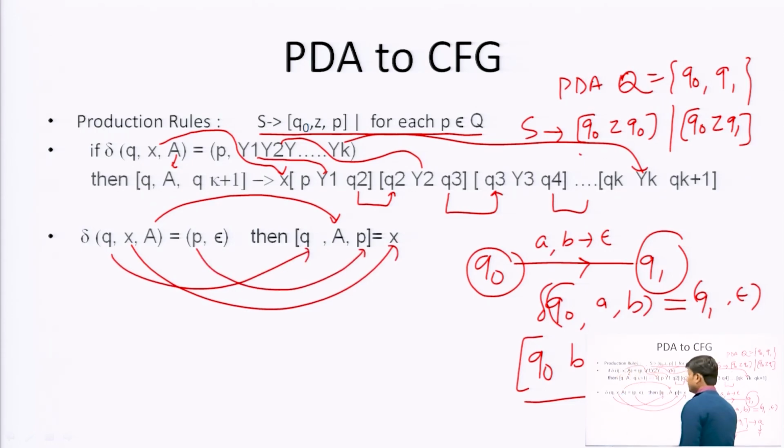So this is the production for the pop transition. If a pop transition is there, you have to find a production where the variable is a single variable [Q0, B, Q1], and in this example we got variable derives terminal, where A is a terminal symbol. So we will see one example, then it will be clear to you.